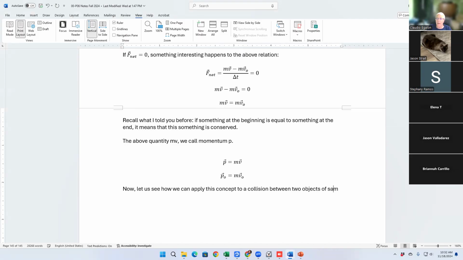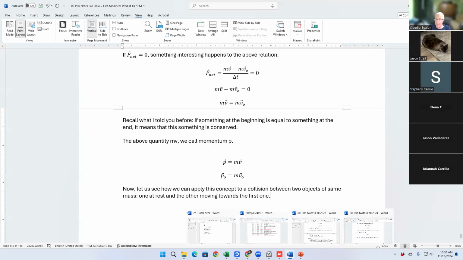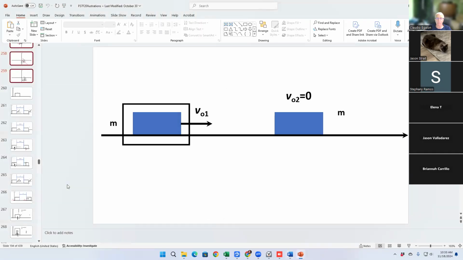Two objects of same mass, one at rest and the other moving towards the first one. And that's what we have right here.